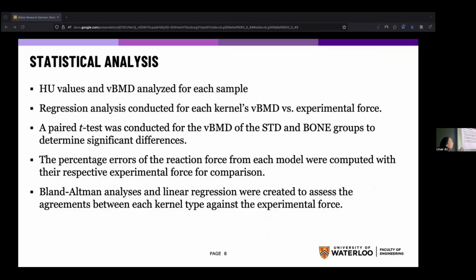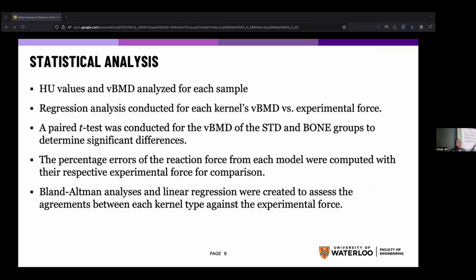I don't want to bore you too much, but I'll talk quickly about the statistical analysis we did. I mentioned that some researchers do use VBMD as a fracture risk predictor, and this is not optimal. So we decided to test it as a pre-trial to see what would happen if we used it as a predictor. We conducted a regression analysis with the VBMD and the experimental forces.